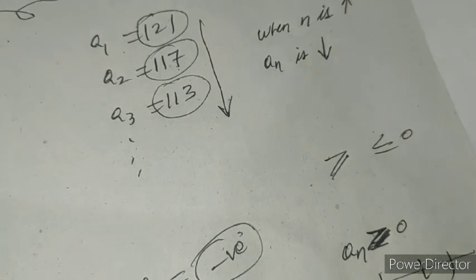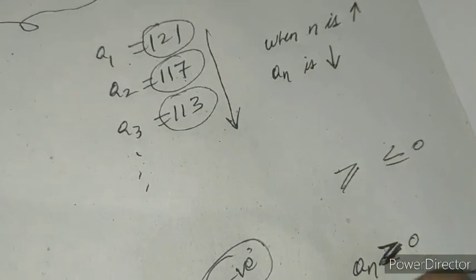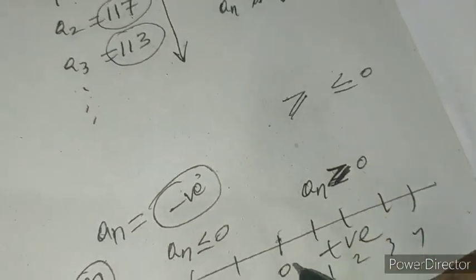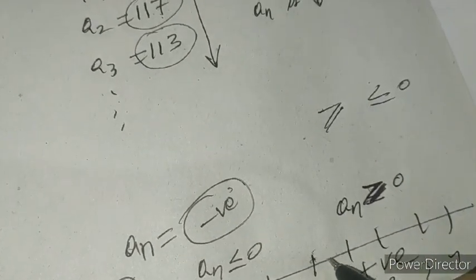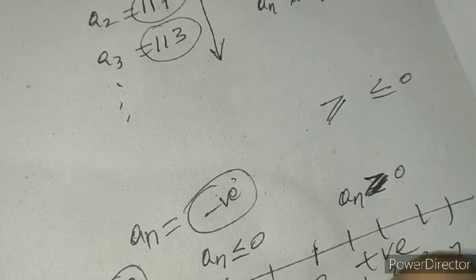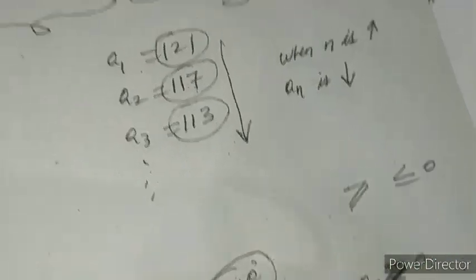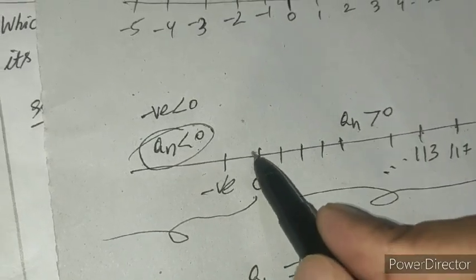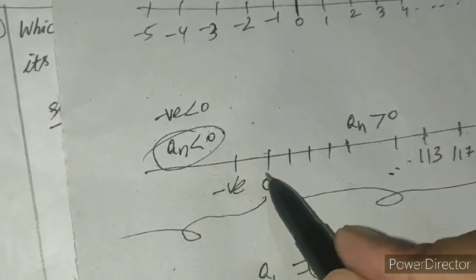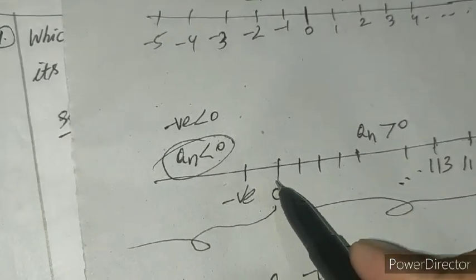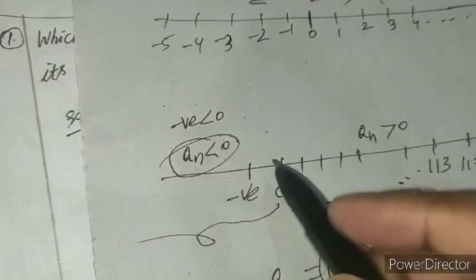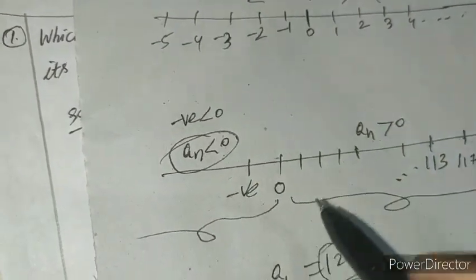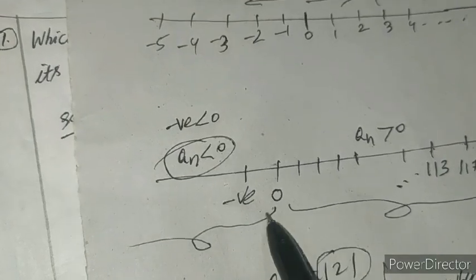An less than or equal to 0 means the numbers start from 0, -1, -2, -3. And an less than 0 means 0 will not come in the n terms, only the negative numbers, that is -1, -2, -3, whatever the number might be.